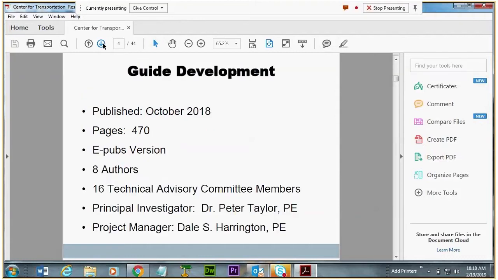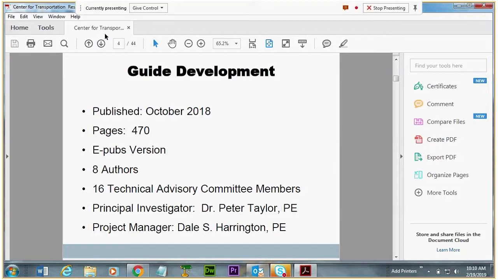The document was started just about 3 years ago, not quite, but 2 years and 7 months ago. And it was finished in October of 2018. As was stated earlier, it's about 470 pages. It has an EPUB version. By that I mean with an app, you can put it on your phone.